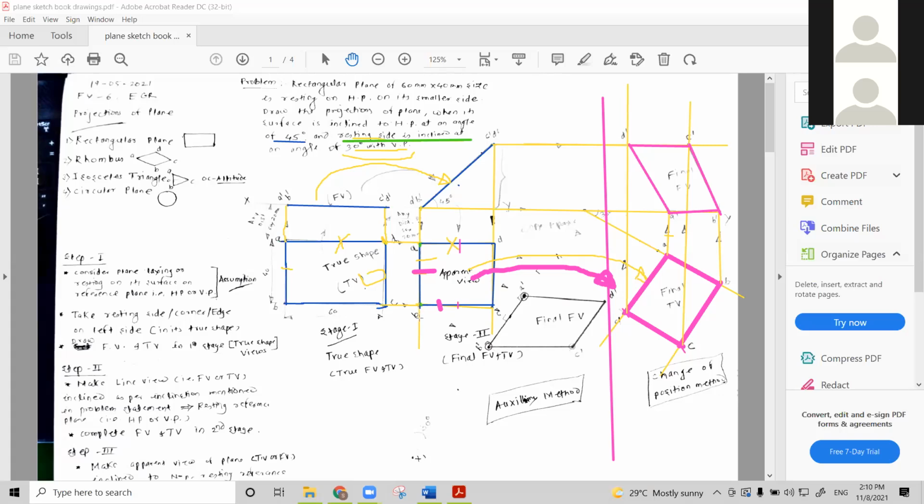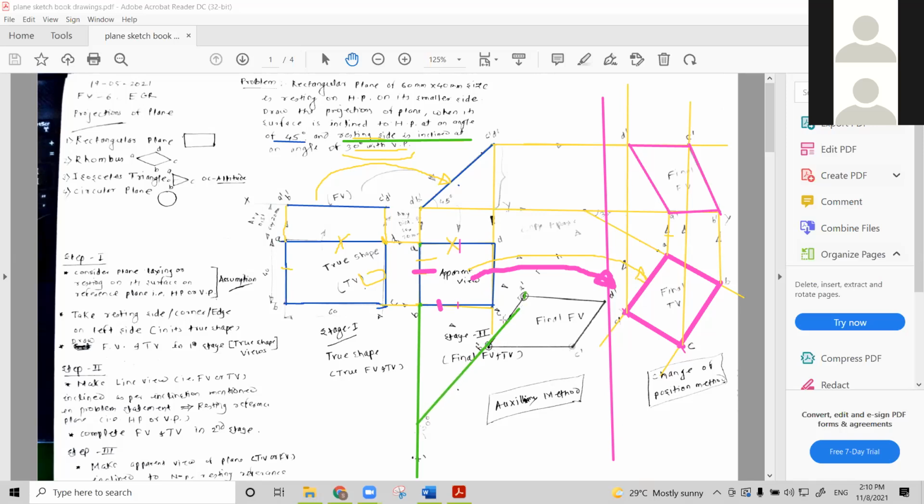So I will extend this AB line further. Then through any one point, suppose at this junction, I have to take the 30 degrees. So to this line, I will be drawing a line at an angle of 30 degrees, right?